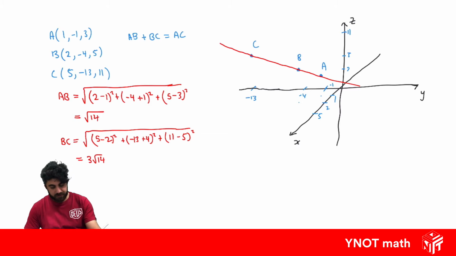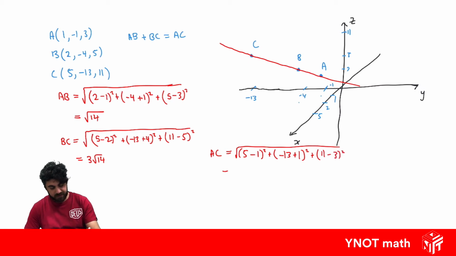And finally, let's look at AC. So we'll get the square root of, let's use point C as the second point. So we'll have 5 minus 1 all squared plus -13 minus -1, so it'll be +1 all squared plus 11 minus 3 all squared.